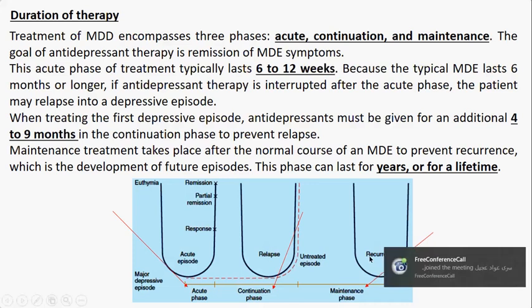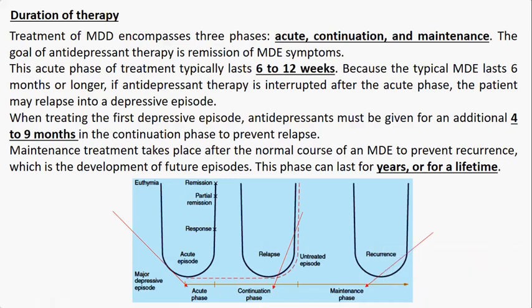And then there is the maintenance phase, where the maintenance treatment takes place after the normal course of an MDE to prevent recurrence. Recurrence means the development of future episodes. And this phase can last for years or for a lifetime, depending on many factors that we will come to.